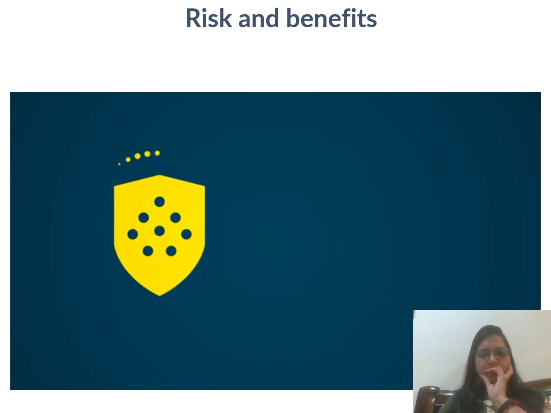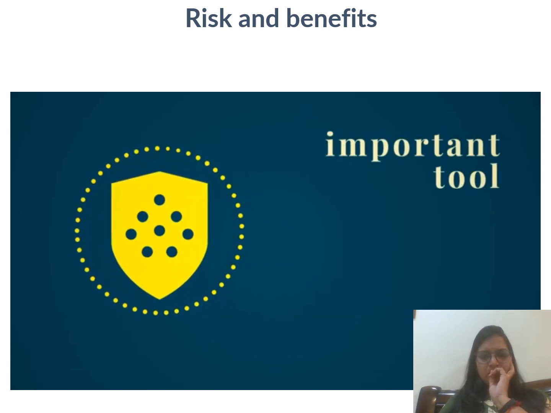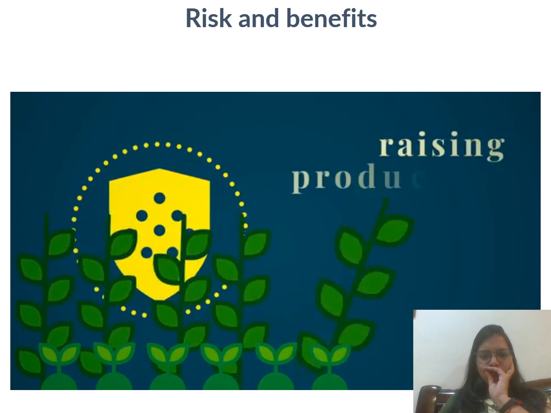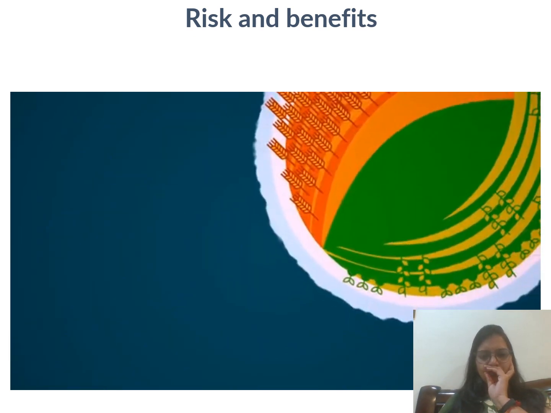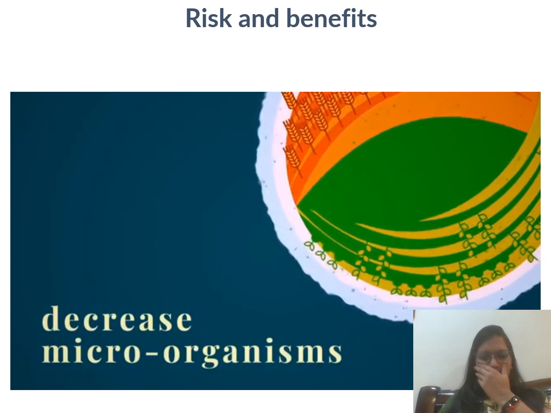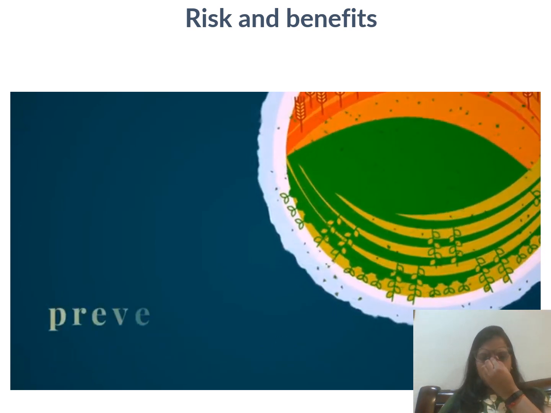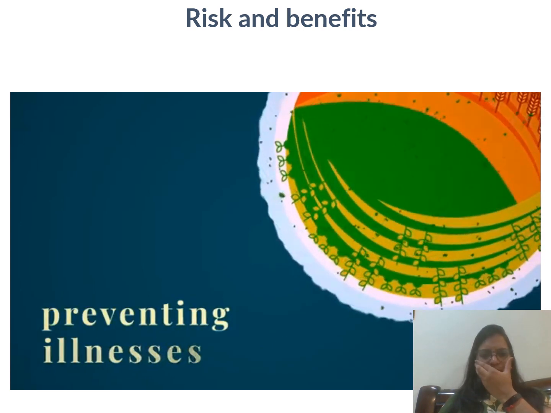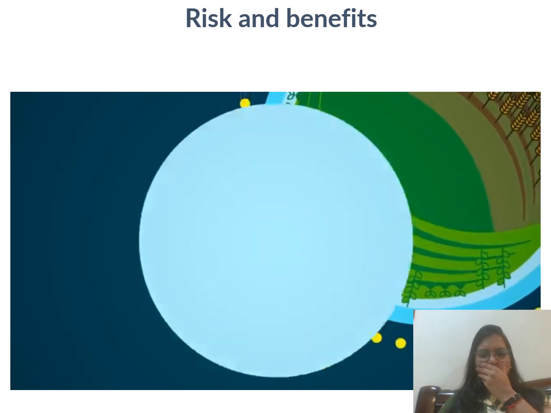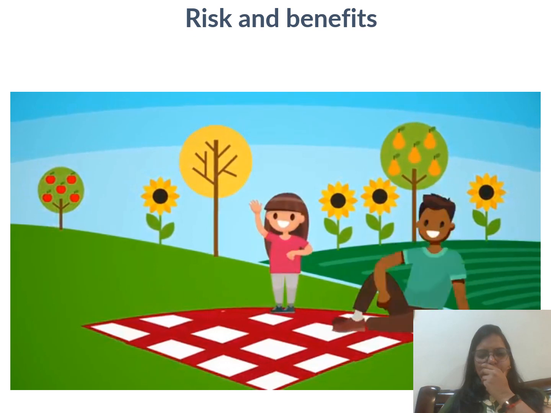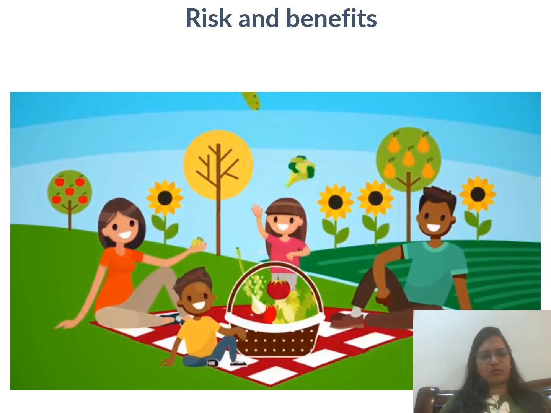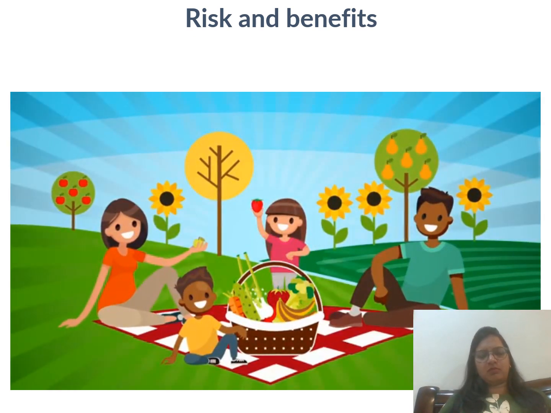Pesticides are one important tool to help farmers meet these challenges by raising productivity per hectare without impacting natural resources. They also decrease harmful microorganisms and naturally occurring toxins in crops, preventing food-related illnesses. Pesticides are vital. They keep farmers' crops healthy and our food supply safe, sustainable, affordable, and healthy.